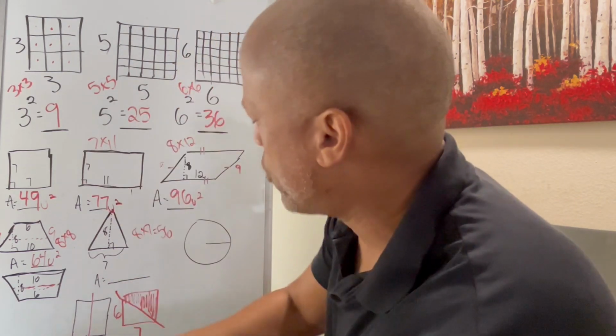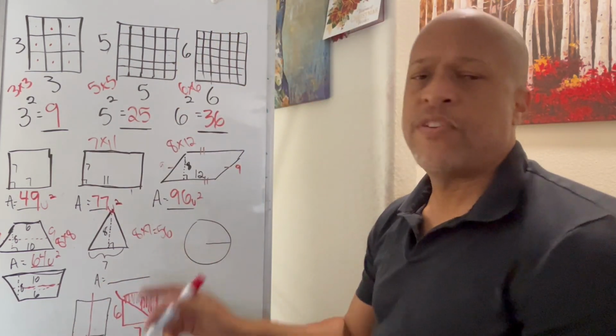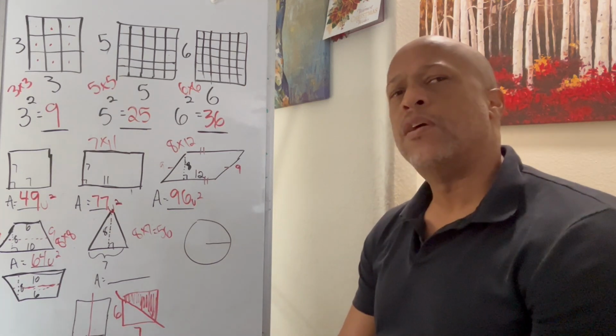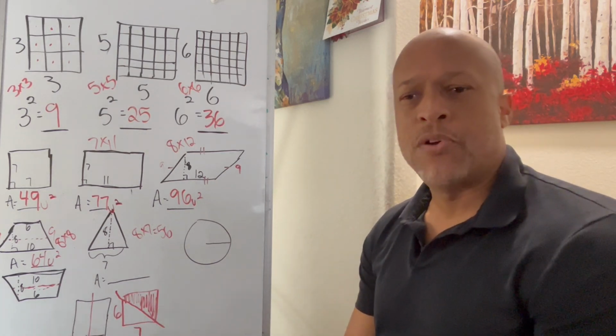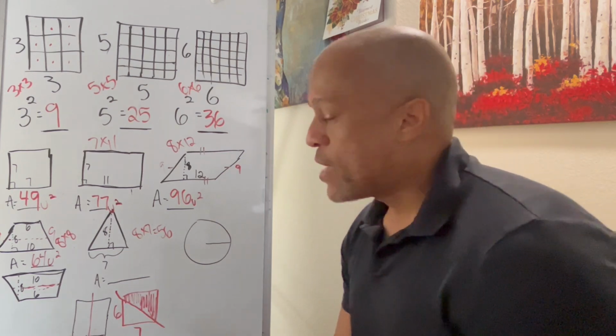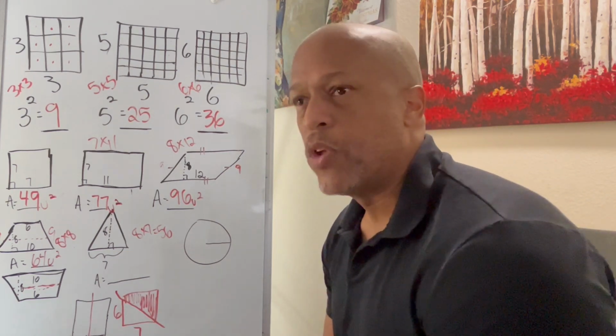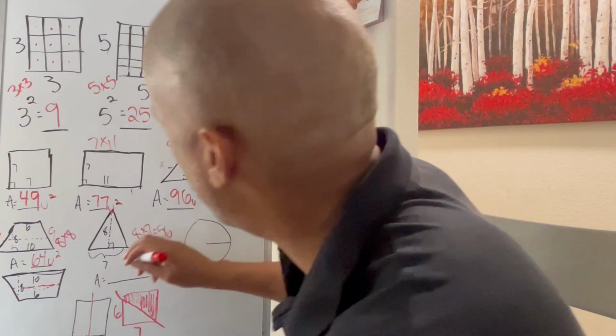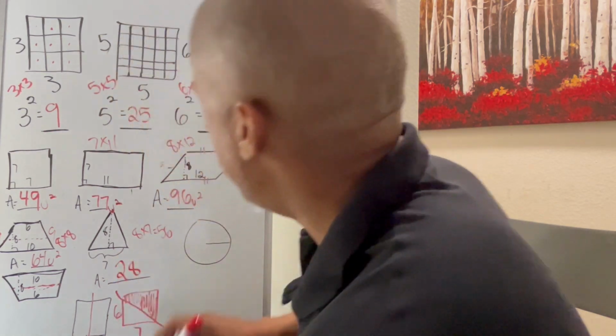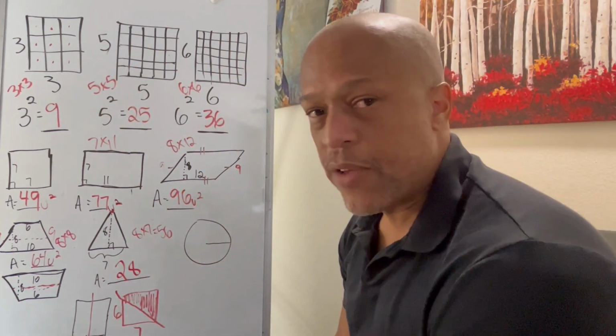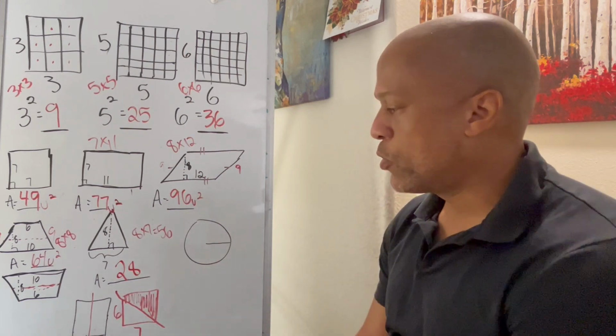And for this one, half of 56, I'll say, what is half of 50? 25. Most people know that because of money and quarters. What's half of 6? 3. Okay, what's 25 plus 3? 28.